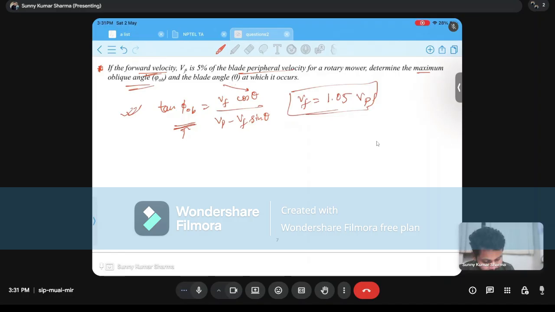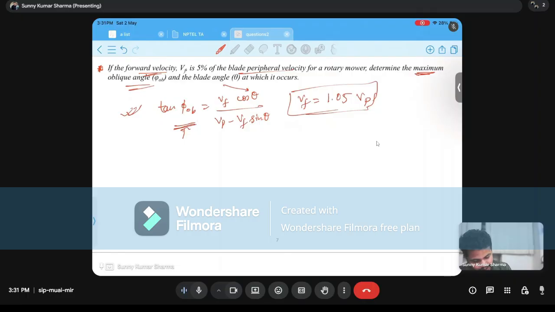In basic 11th, 12th mathematics, we have studied that for maximizing, we find the derivative of the function and equate it with zero, and the variable we get is the value at which the maximum or minimum occurs.